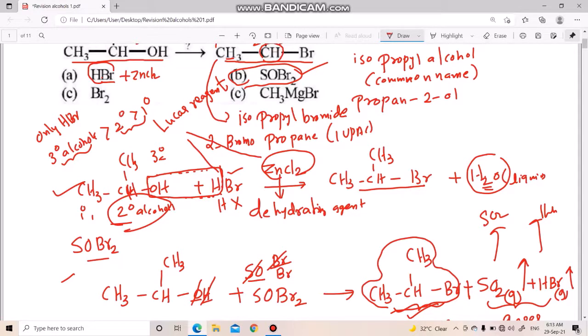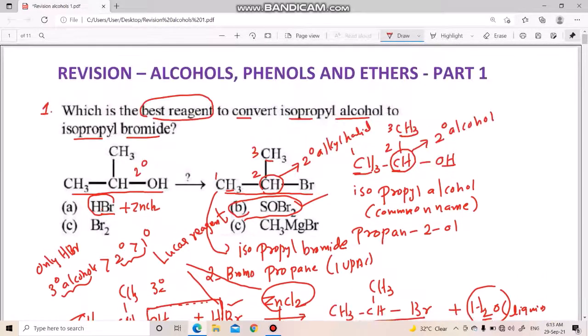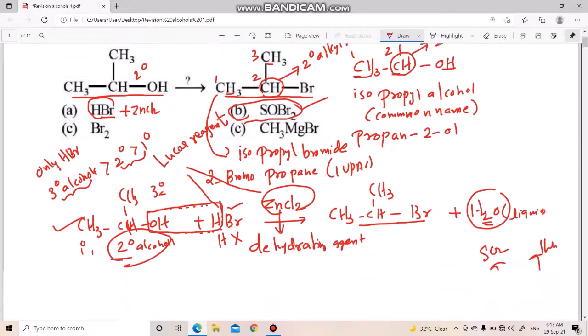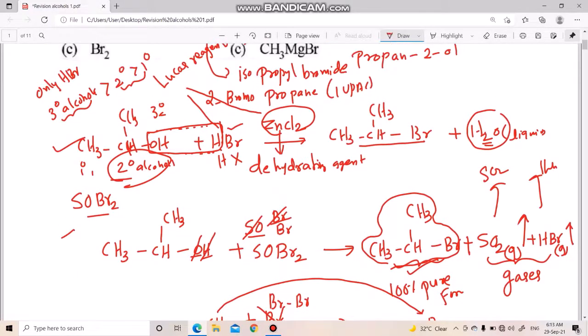Water is not a gas, so we need to separate water from the product mixture. So this reagent is not the best reagent for the conversion. SOBr2 is the best one because we get a pure product.